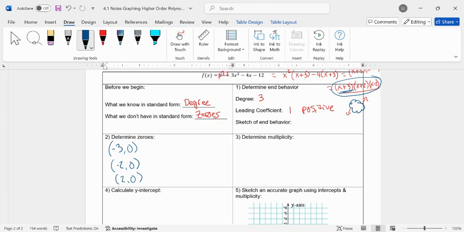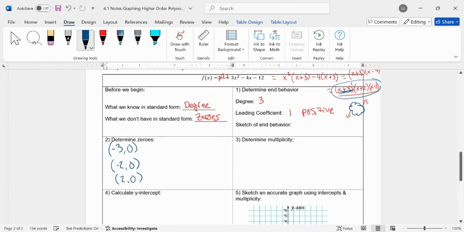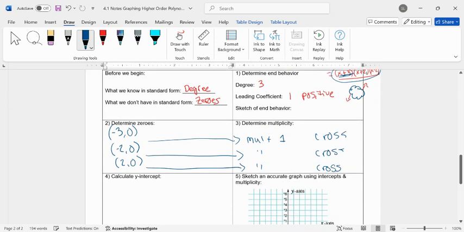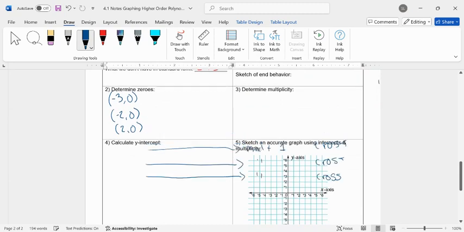Multiplicity at each is 1 because these are all first power. Multiplicity of 1, same. So I'm going to cross, cross, cross. Multiplicity of 1 is the only time you'll cross.